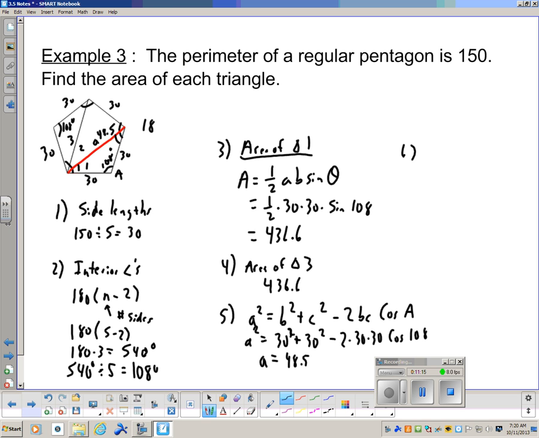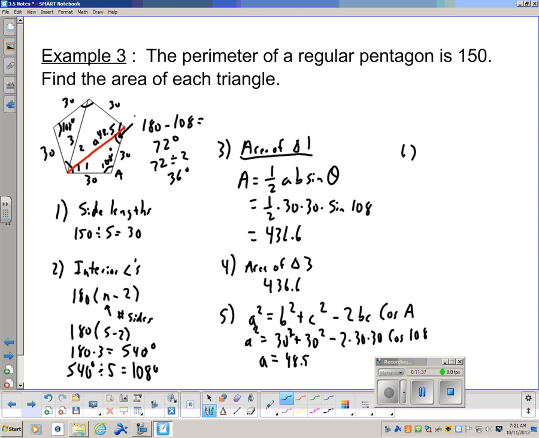So I can take 180 minus 108, and that ends up giving me 72 degrees for the sum of these two, but I got to take 72 divided by 2, and I get 36 degrees.